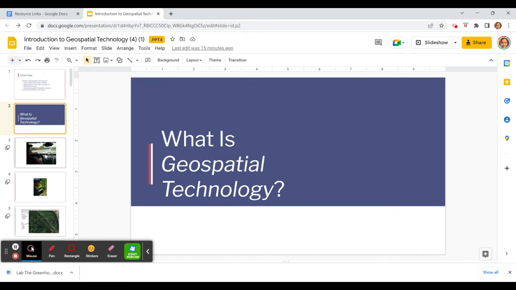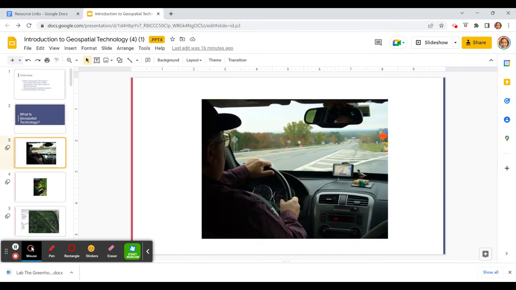So let's dive into what we're talking about exactly here. What's geospatial technology? Yes, it is a technology that we've been utilizing for a few decades, and we become ever more increasingly dependent on it. Previous to using our phones, we used what we called a sat nav, these little devices to help us with directions.